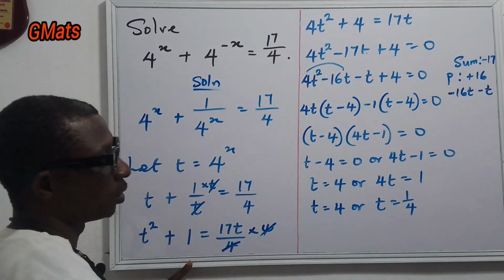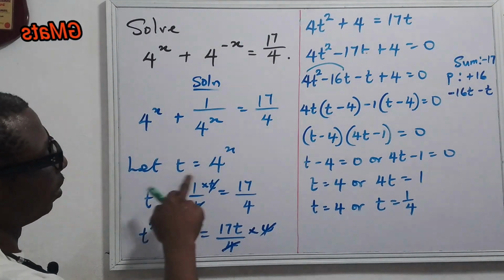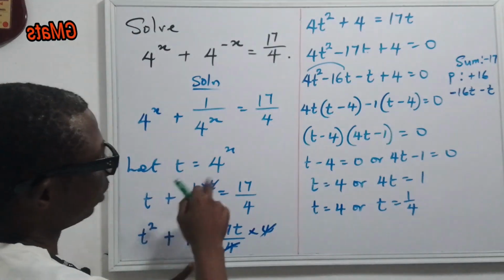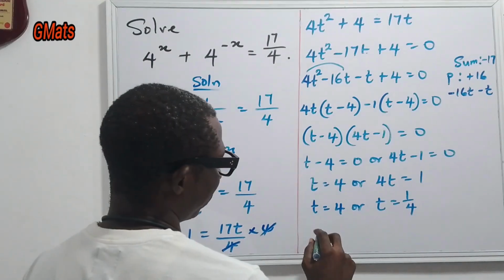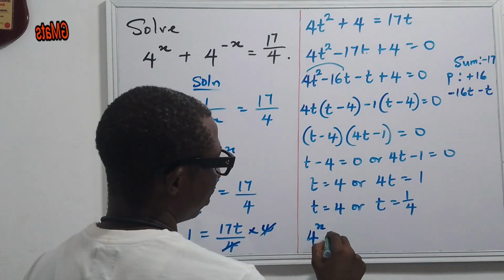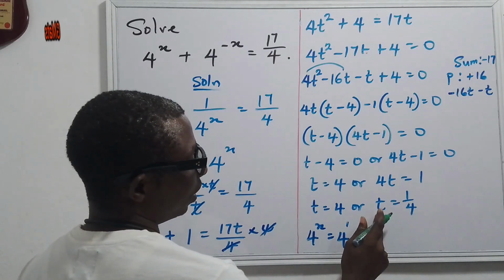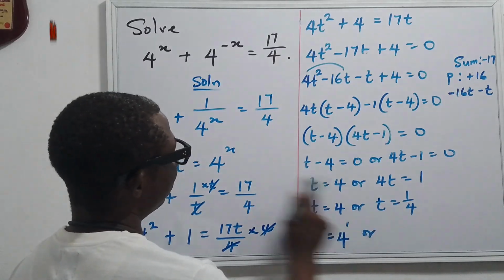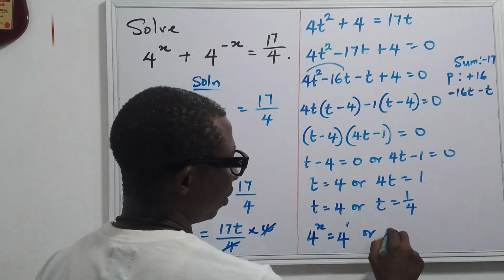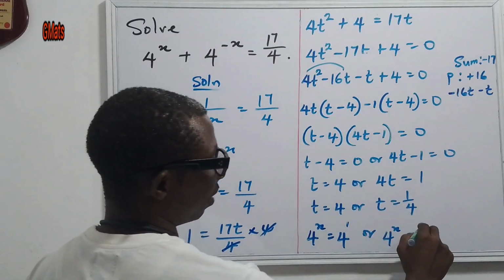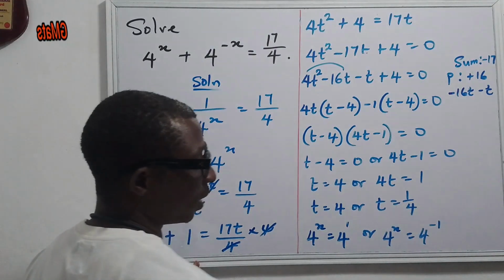All right. Now here we have t to be 4 raised to the power of x. So we have 4 raised to the power of x equals 4, and 4 is the same thing as 4 raised to the power of 1. Or now this t is 4 raised to the power of x, so we have 4 raised to the power of x equals, now instead of writing 1/4, I can write it this way, 4 raised to the power of negative 1.